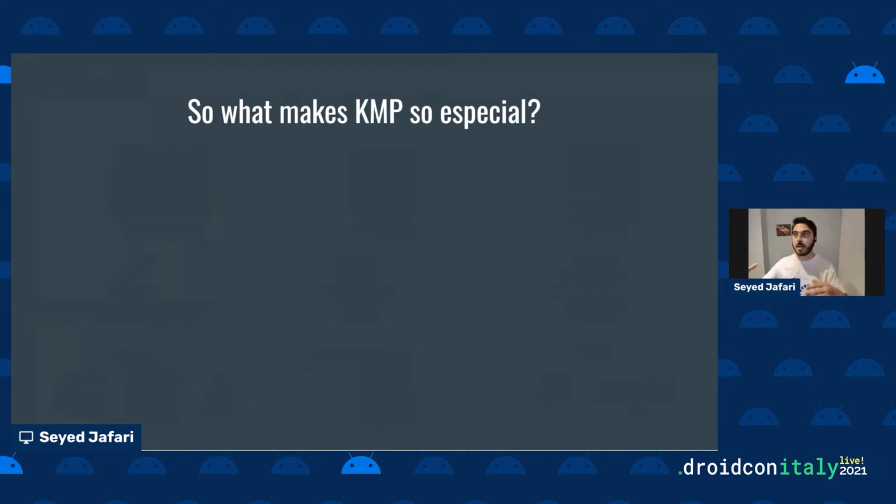So now we know KMP is not alone in this market. The competition is pretty high, and everyone is trying to make a name for themselves. But what makes KMP stand out from this crowd? For me, first and foremost is the Kotlin language. I really like to work with Kotlin, and it makes the day-to-day development experience phenomenal compared to other languages.